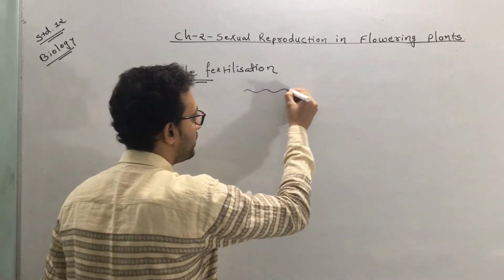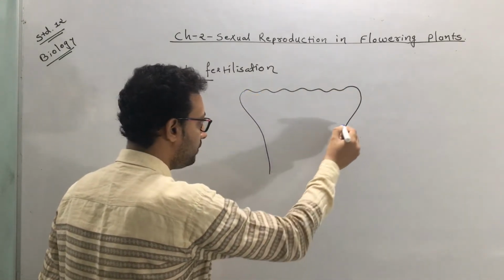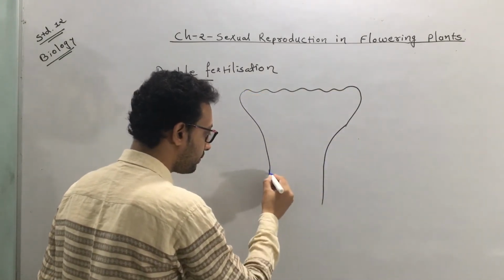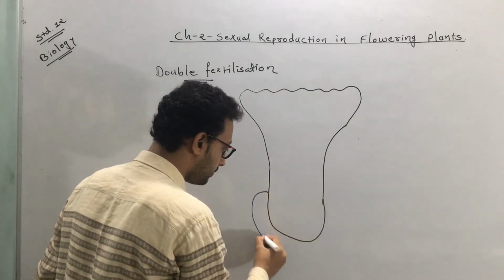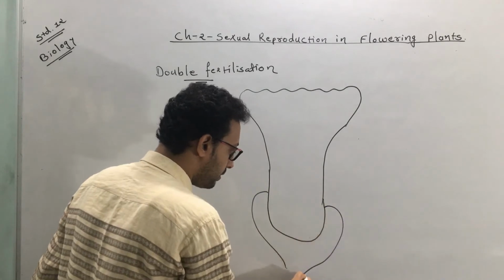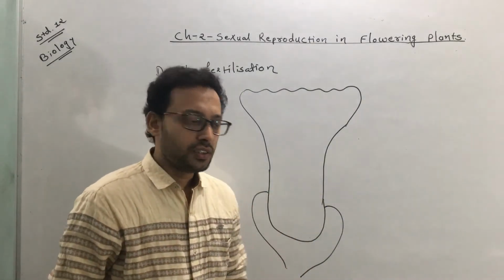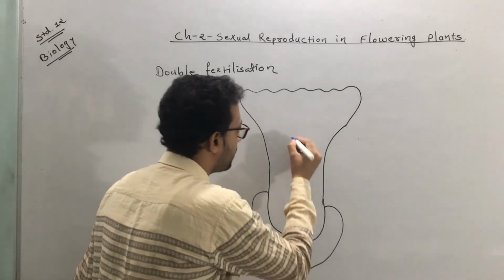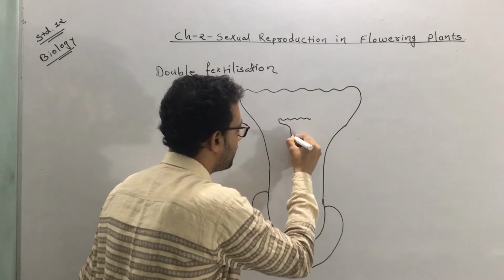So I am drawing a flower. This is a flower. I am drawing just the female reproductive organ, because I need just the female reproductive organ. This is a stigma.